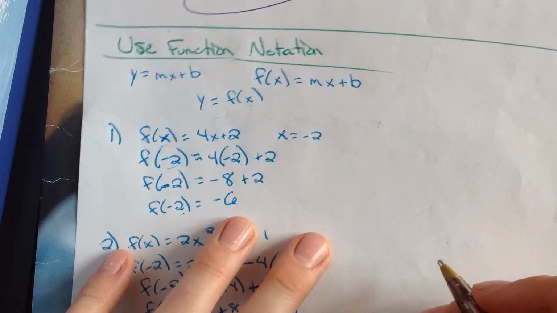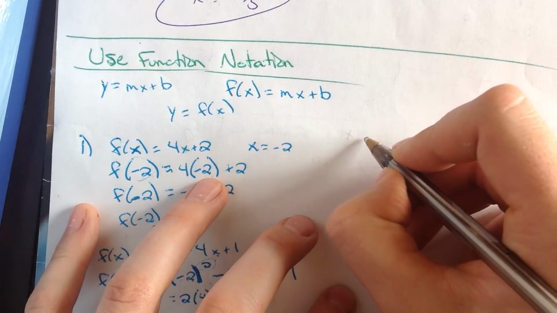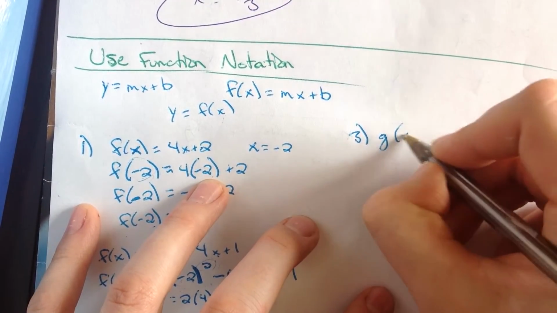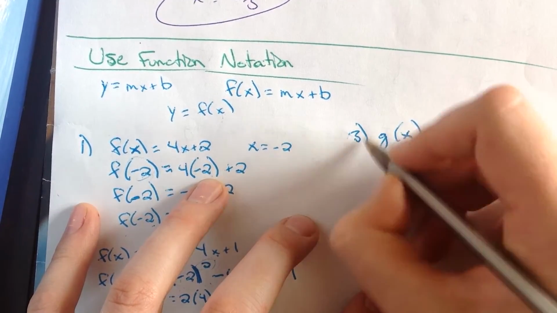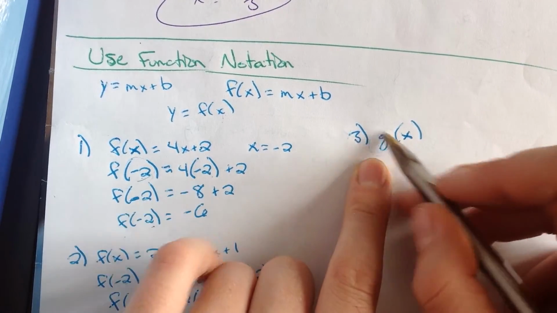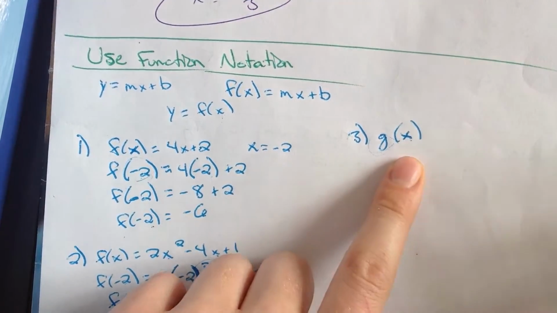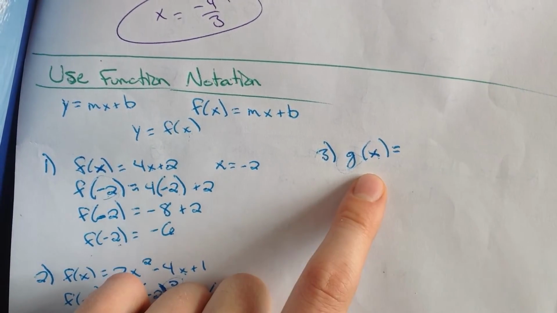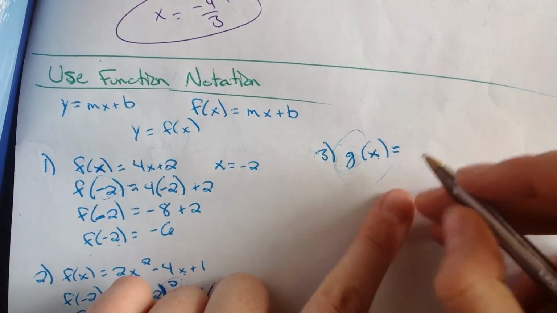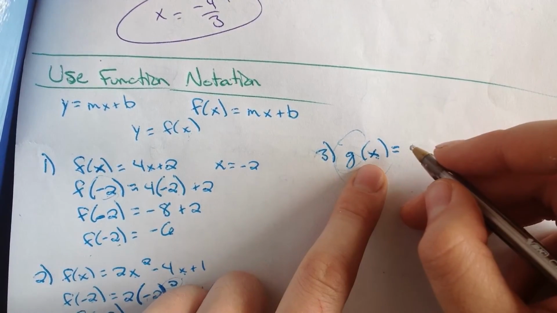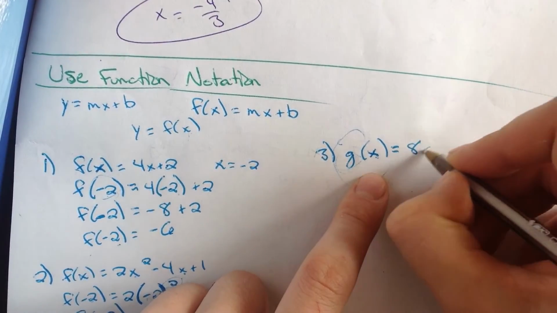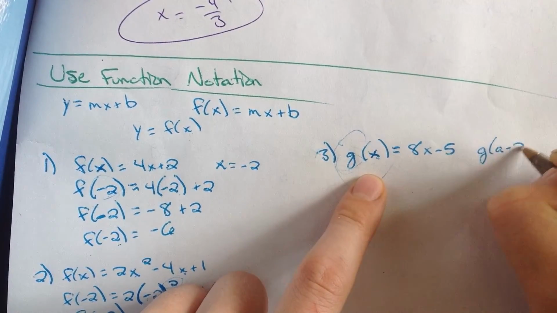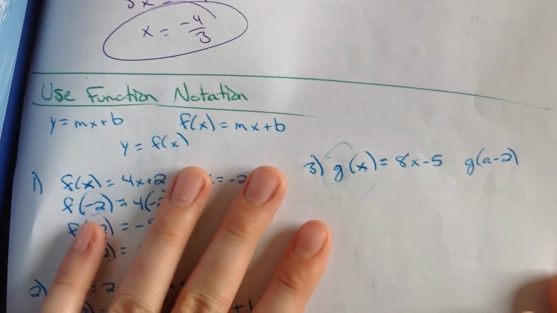So the same idea, say for example, I'm given the function g of x, so this is the same thing. You can actually use different variables. All it means is we have some function we've defined, and x is the variable that's independent in the function. So we could have 8x minus 5, and say I want to know what g of a minus 2 is.